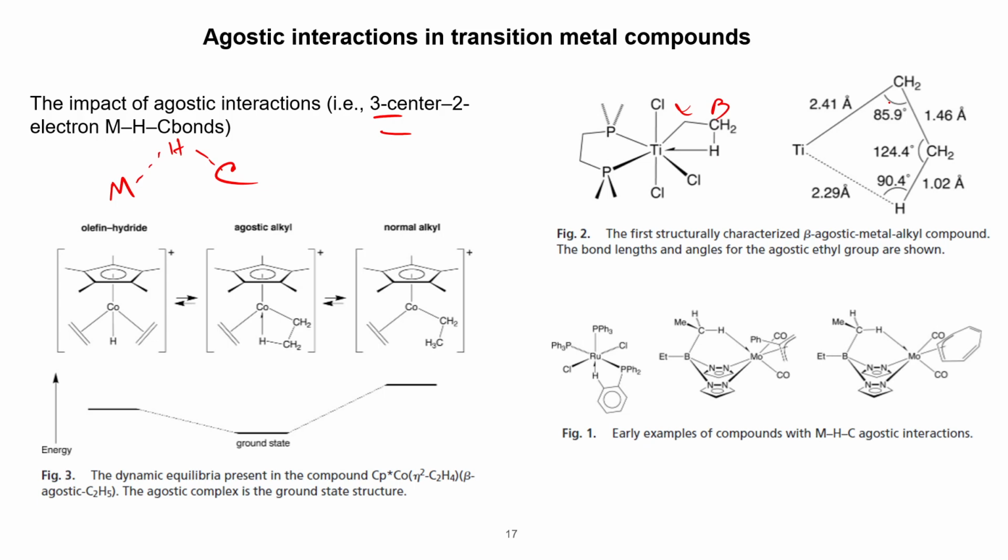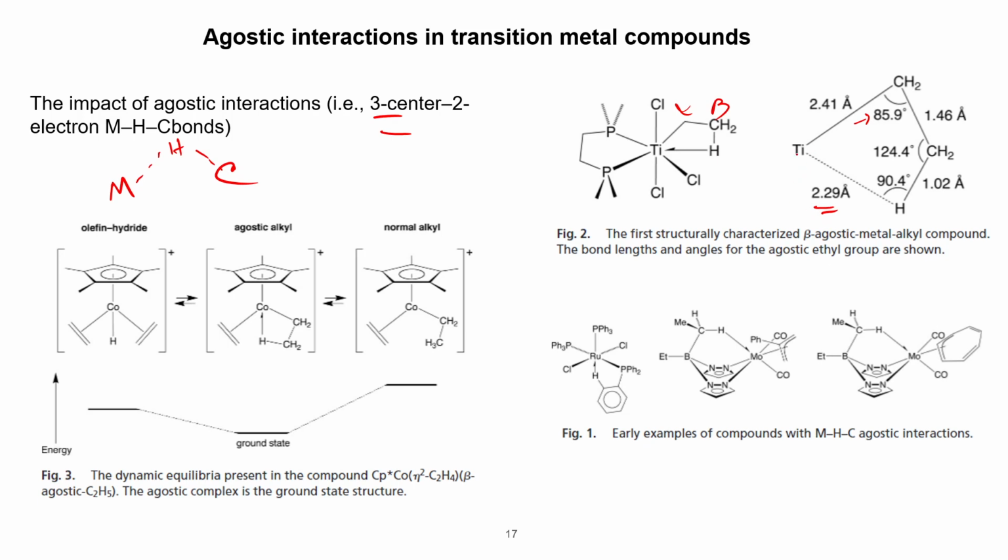So here the angle is close to 86 degrees, and the bond length is 2.29. So there is some major amount of interaction we can see, because this titanium carbon bond length is much higher compared to this one. So for this particular compound only, this thing can be observed.